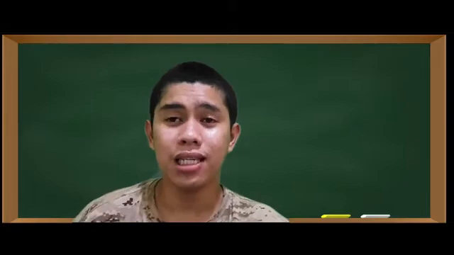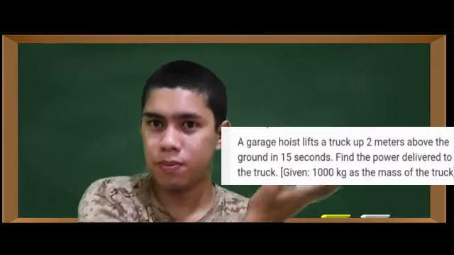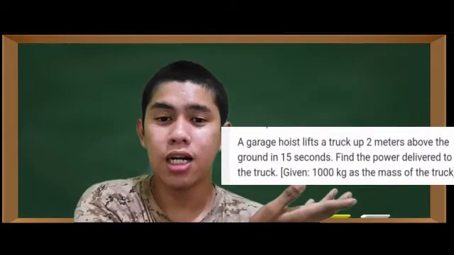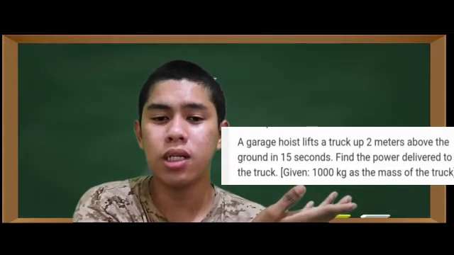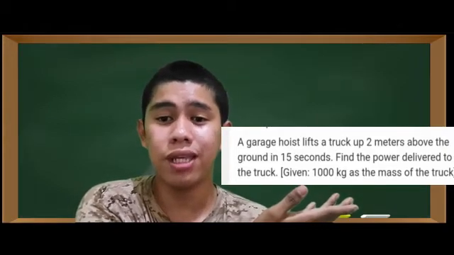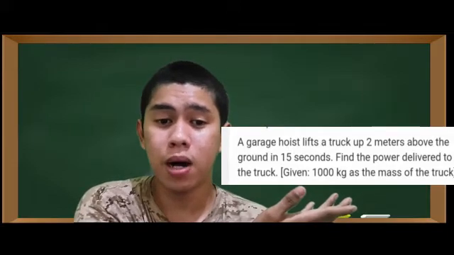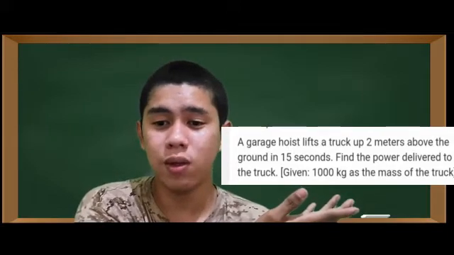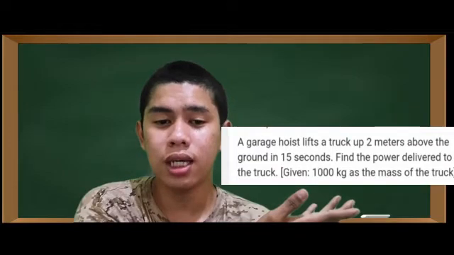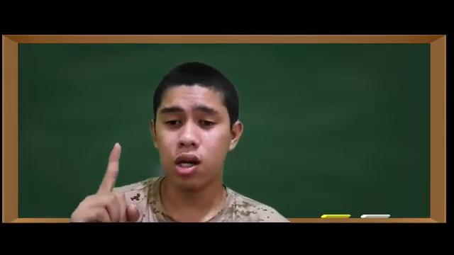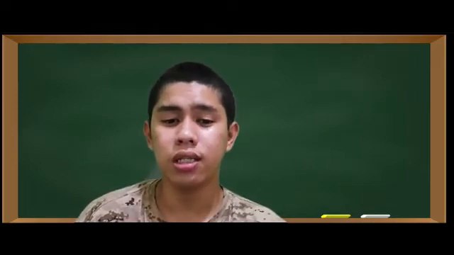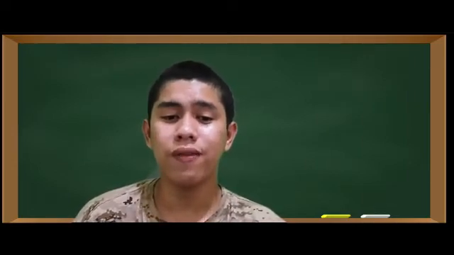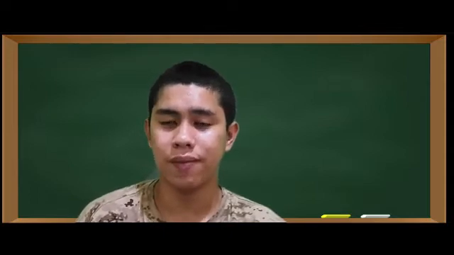So, let's have an example. Sample problem. A garage hoist lifts a truck up to 2 meters above the ground in 15 seconds. Find the power delivered to the truck given a mass of 1,000 kilograms. First, we need to calculate how much work is done, which requires the force necessary to lift the truck against gravity.